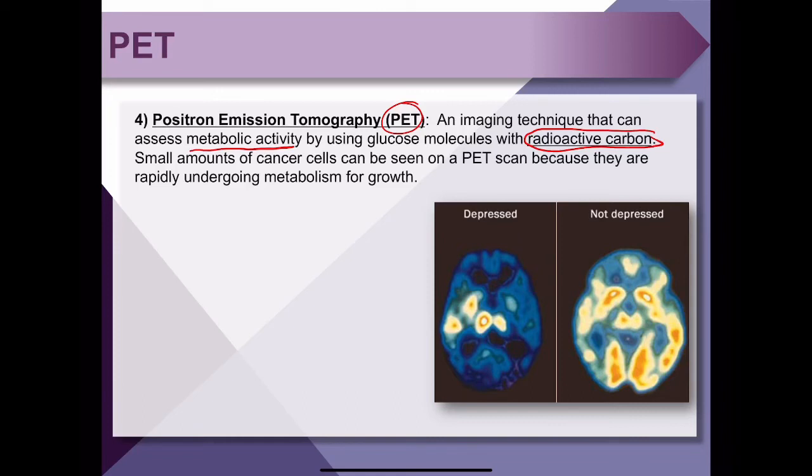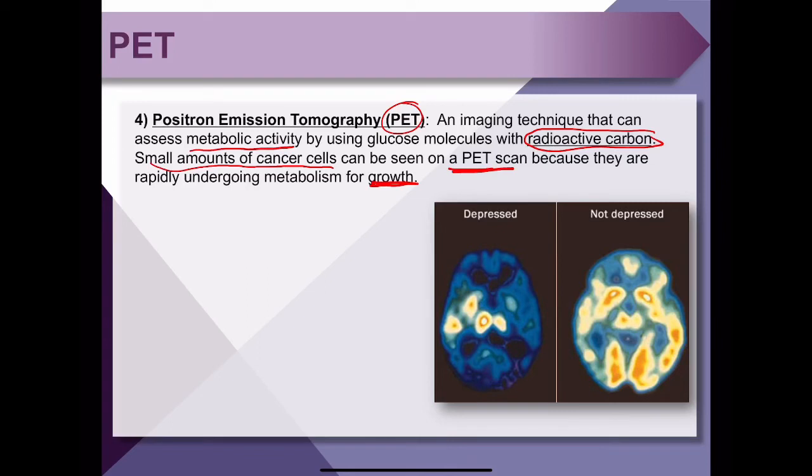So sometimes we can detect physiological changes a lot sooner than anatomical structural changes, like in the case of cancer. That's why small amounts of cancer cells can be seen on a PET scan, because they're rapidly undergoing metabolism for that very quick growth.